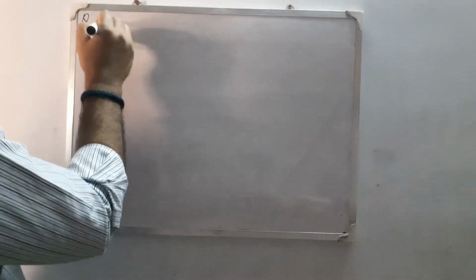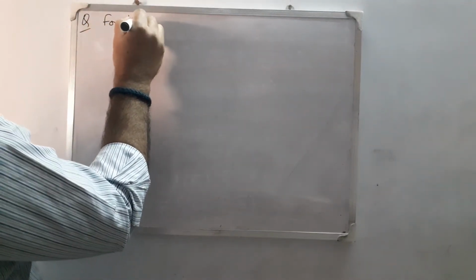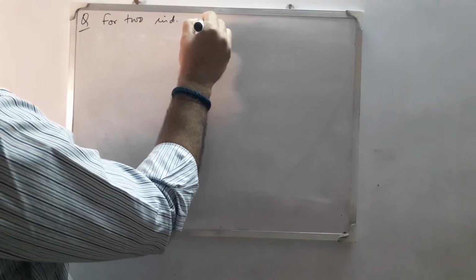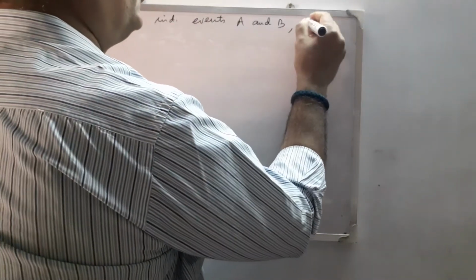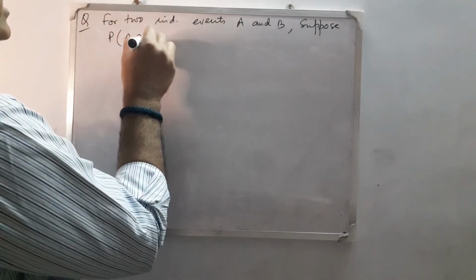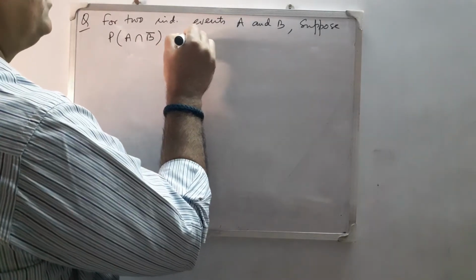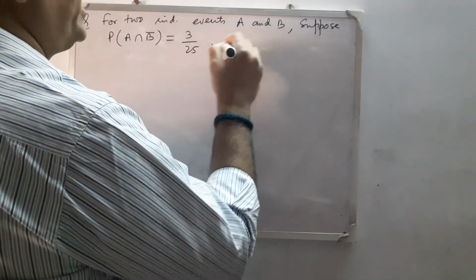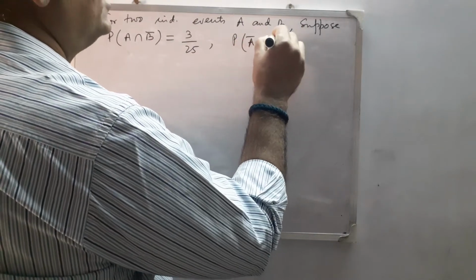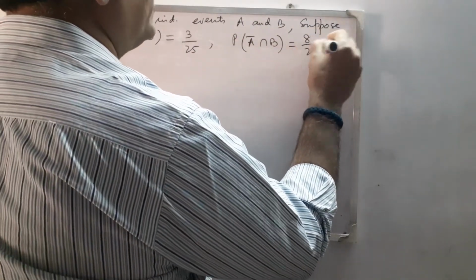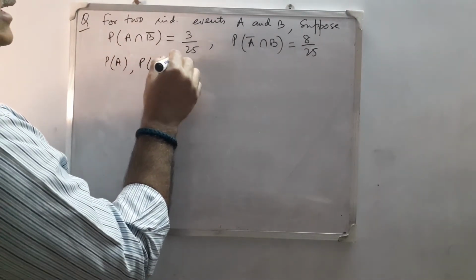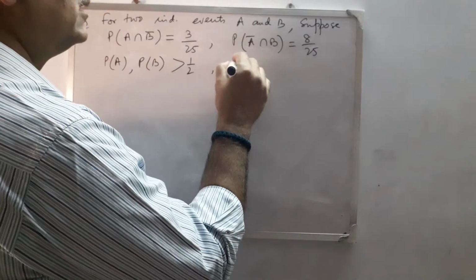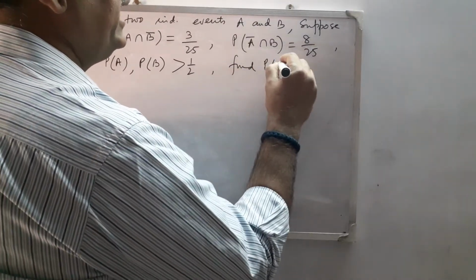The question: for two independent events A and B, suppose P(A ∩ B bar) is equal to 3 by 25, P(A bar ∩ B) is equal to 8 by 25, and P(A), P(B) greater than half. Find P(A) and P(B).